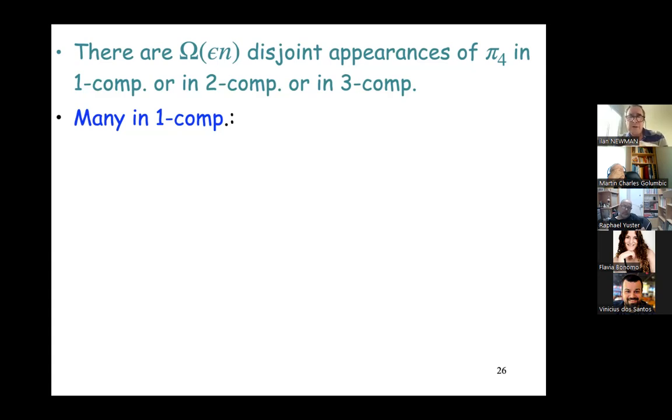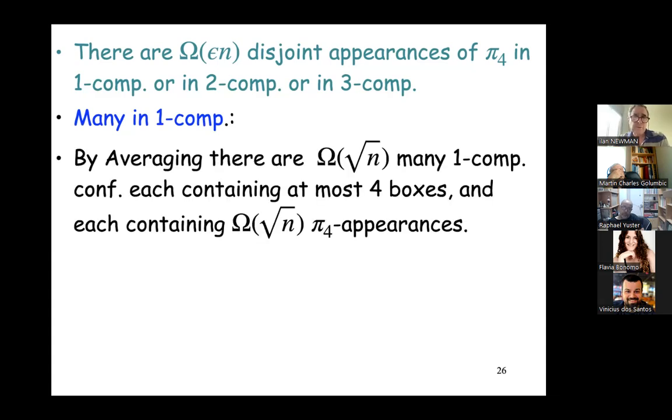So we are going to analyze each of these situations. If we happen to have many appearances in one component, this is what we do. Of course, we don't know which situation we are in, but one of them must happen, and we are going to do all of those one after the other. So assume first that there are a lot of appearances just in one component.